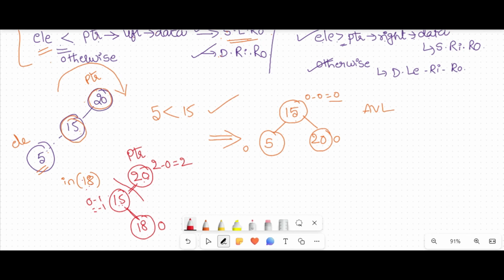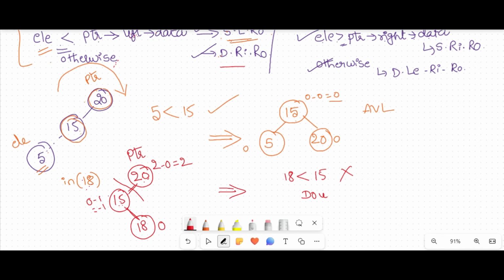Okay. So now for PTR you have inserted on the left side. That means here these two rotations you will get: single left rotation or double right left rotation. So which rotation will you get? Element 18: is 18 less than PTR's left of data? Is that satisfied? Not satisfied. Then which rotation do we have to apply?